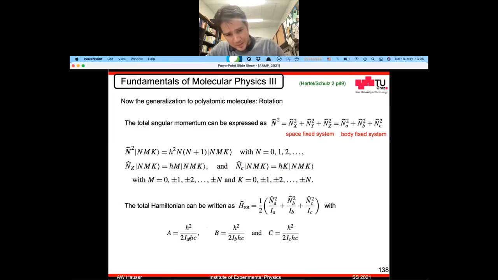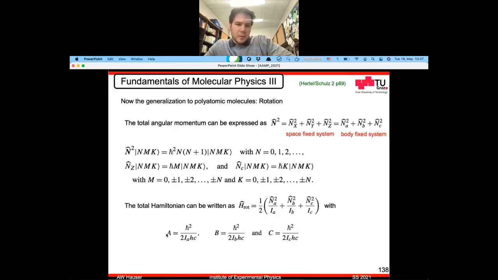This is why A is here defined as h bar squared over 2 times moment of inertia and divided by h times c. Because by dividing through this h times c, I'm ending up with a value for this constant in units of inverse centimeters. So if it's like this, I would have it in inverse meters, and then I have to also convert it into centimeters by this factor of 100. This is very common in spectroscopy to refer to these energies in the unit of wave numbers. Okay, so that's just how it goes.